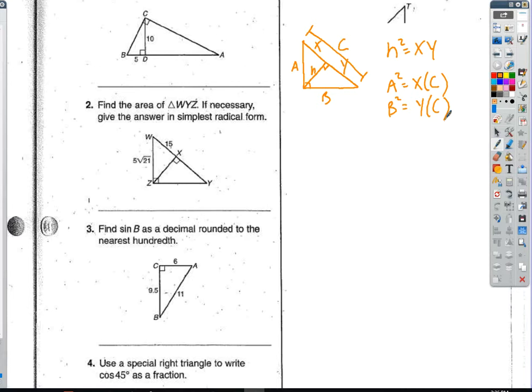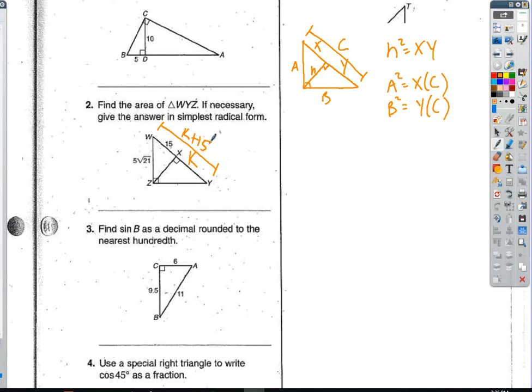I don't know this distance here, so I'm going to use k, the best letter in the alphabet, which makes this whole side length k plus 15. So let's get going.